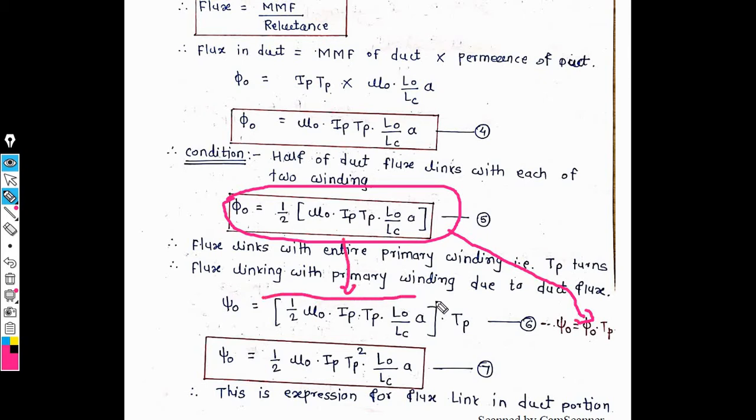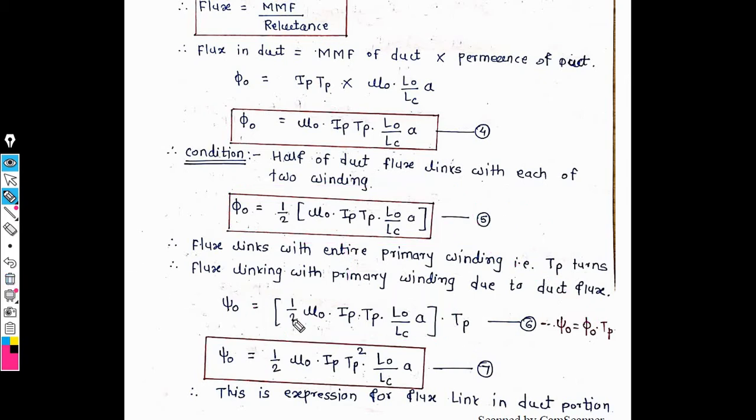Then into the number of turns TP, because we have to consider the primary one. Then 1 by 2 as it is, mu 0 as it is, IP as it is, TP into TP, that is TP square, then into L0 upon LC into A. Now this is the flux linkage in the duct portion with the number of turns.